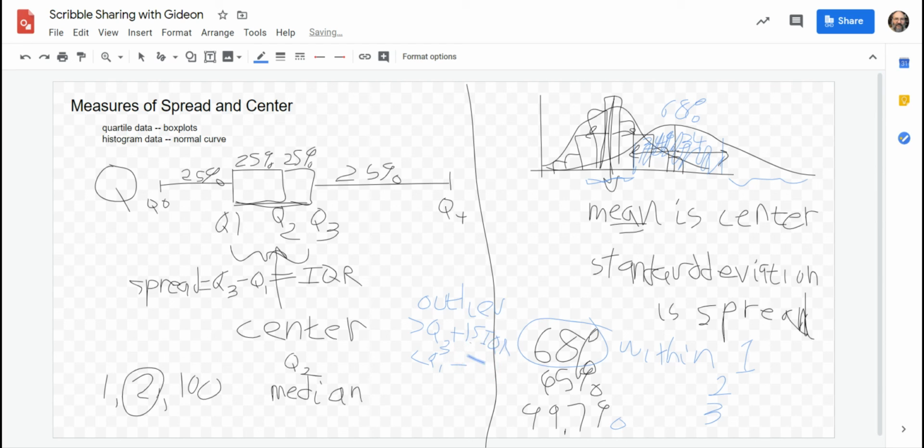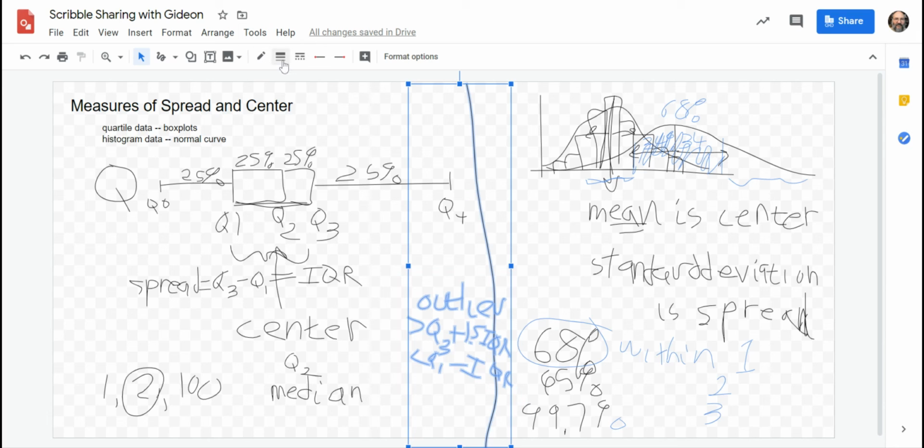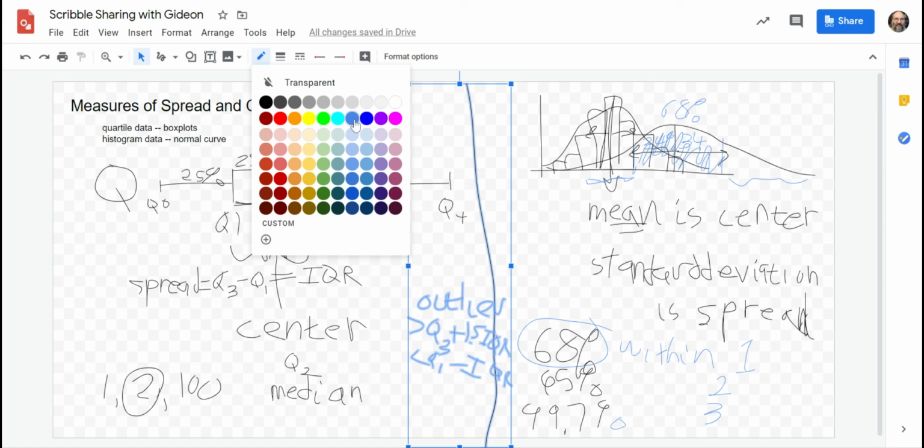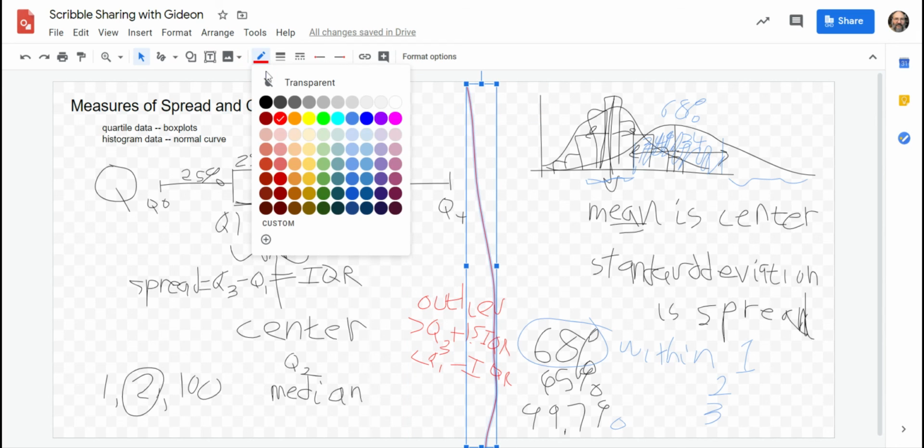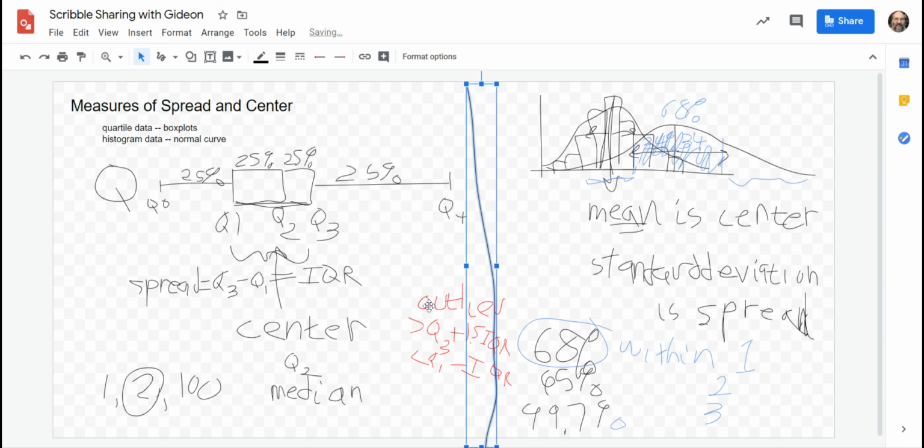It's the small one, subtract, get smaller than. Let's talk about that. I'll just put that in red. It's kind of interesting. Right, outliers.